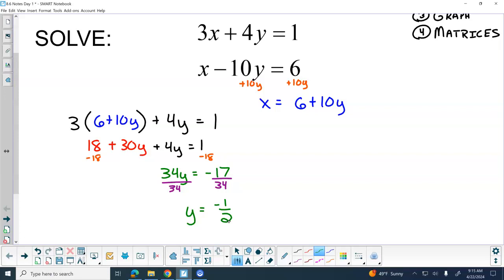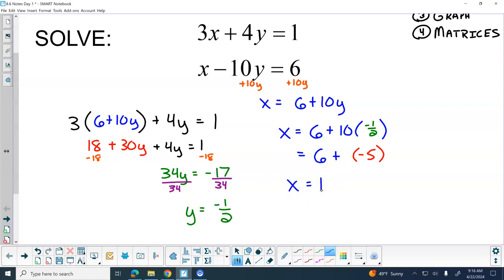Plug that back into this x equation, right? 10 times negative 1/2 is negative 5. 6 plus negative 5 is 1.